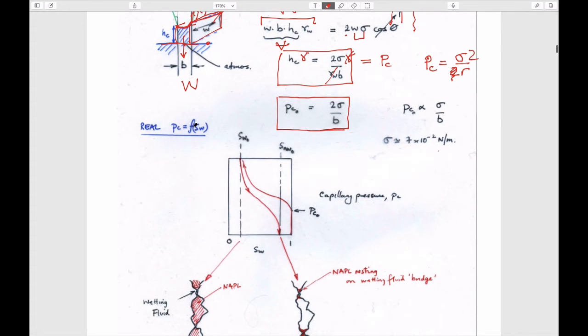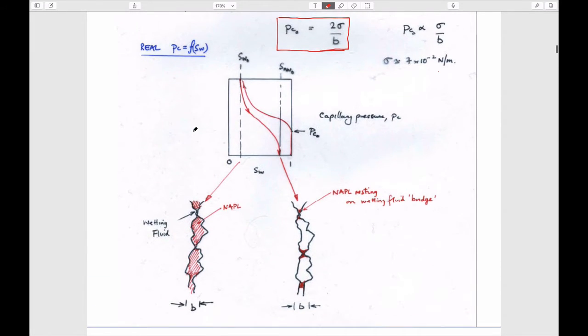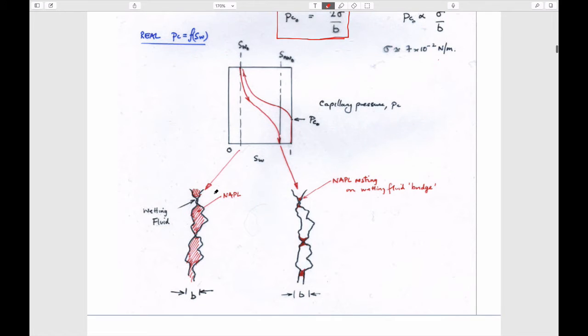And so what we've been able to do is say something about the controls on whether this fluid can get into the pore space or not. Whether it's pore capillaries, which are very small, or fractures, we now know something about what the controls are on whether it can invade or not.